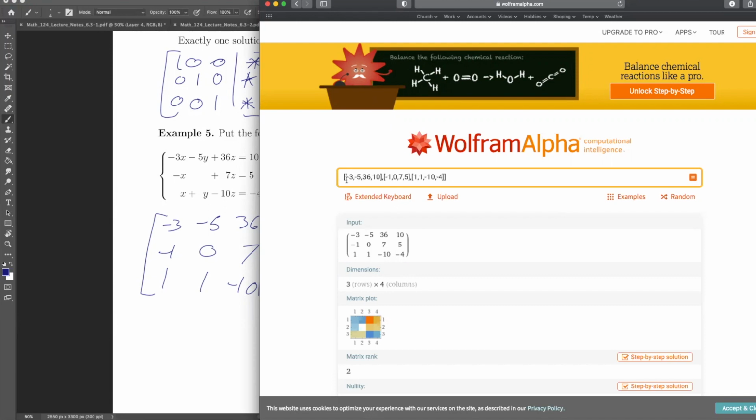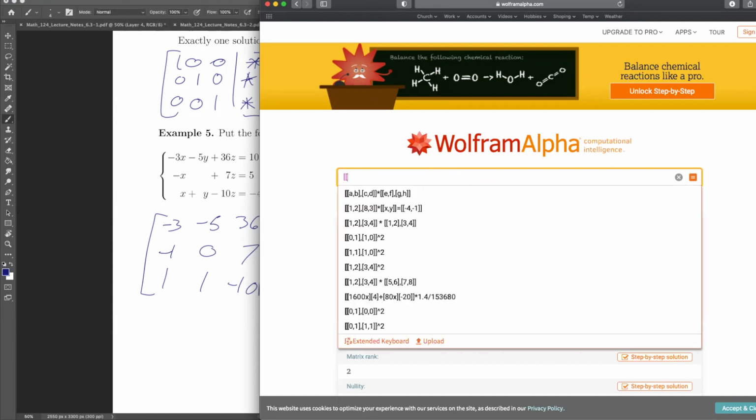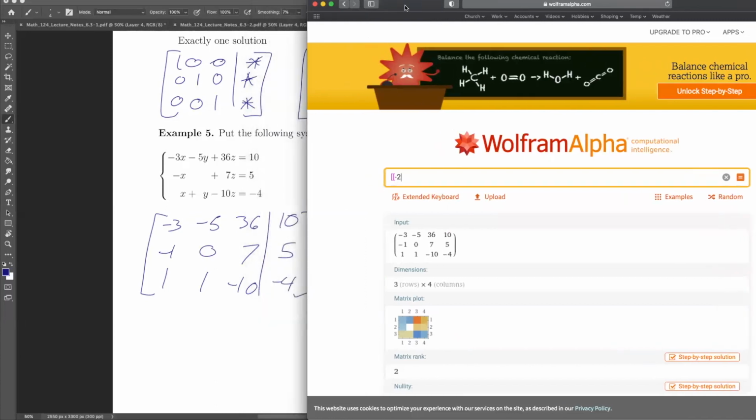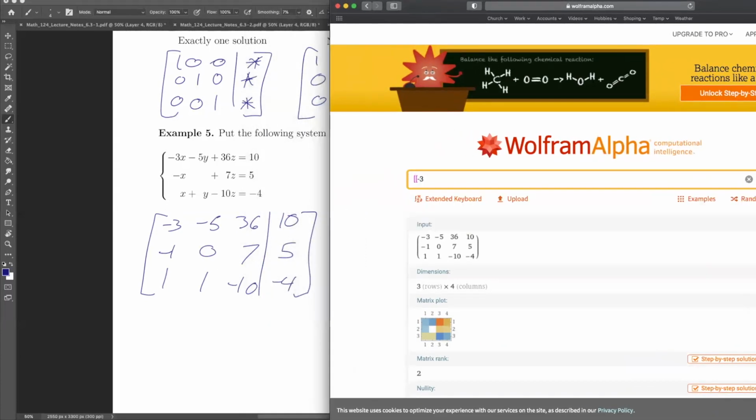So what you do is, I'll retype it in live. It's bracket, bracket, which means to start a matrix, and then you type it in row by row. In this case, the first row is -3, comma, -5, comma, 36, comma, 10.